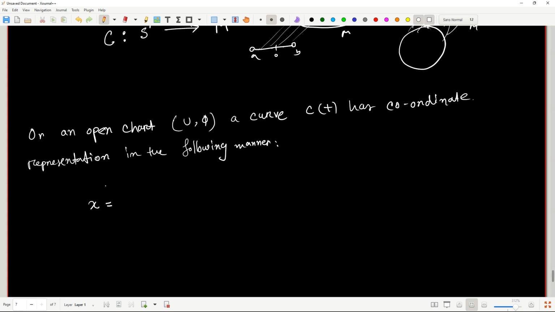Let's call that coordinate x. This is just phi of C from R to Rm, and we use a picture to make this thing clear.